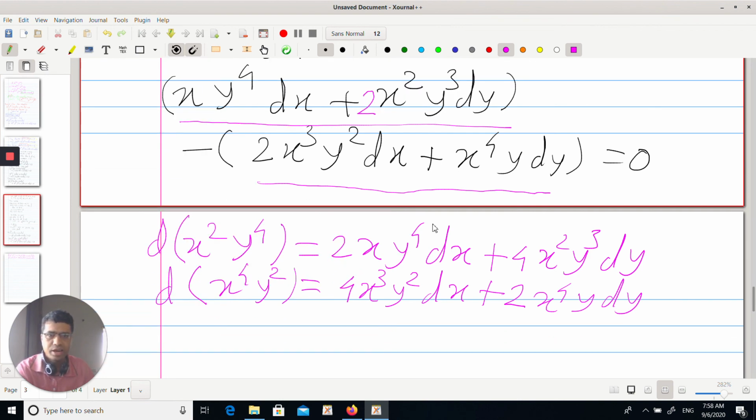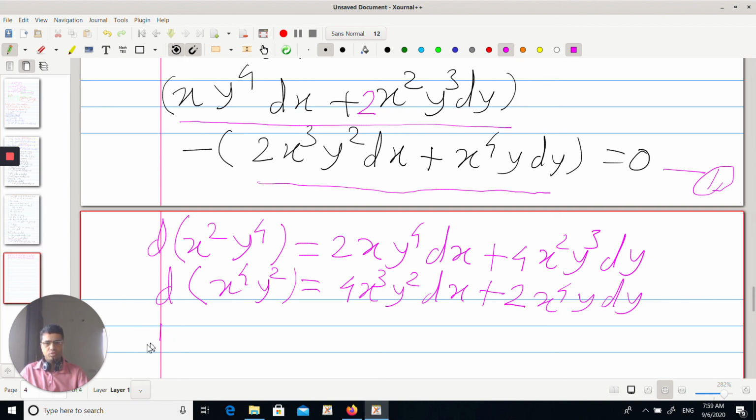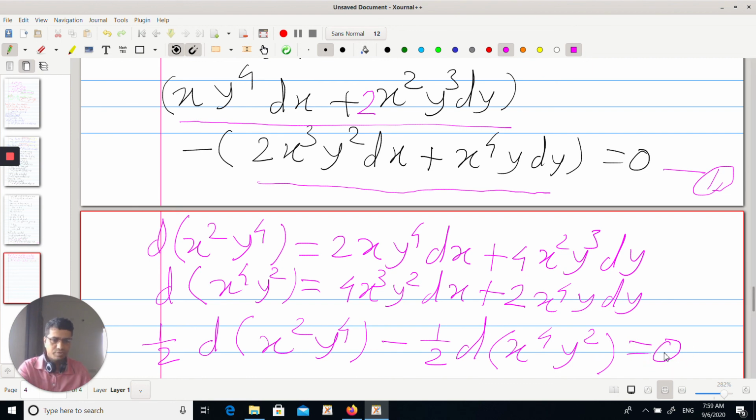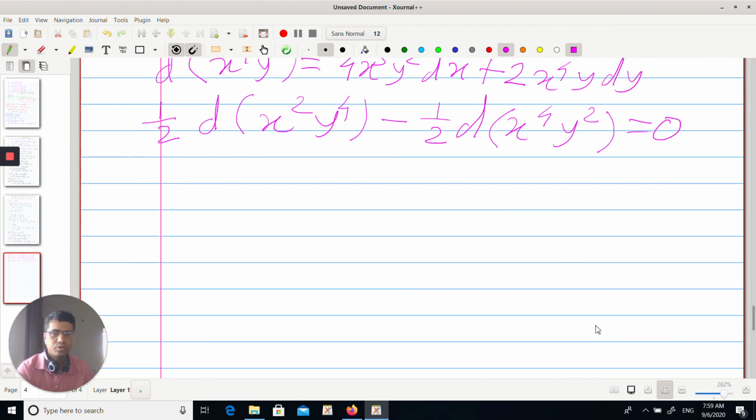So we multiply and divide our equation 1 by 2, so that it is 1/2 into d of x square y raised to 4 minus 1/2 d of x raised to 4 y square equal to 0, which is easy to integrate. So 1/2 can be cancelled by multiplying throughout by 2.